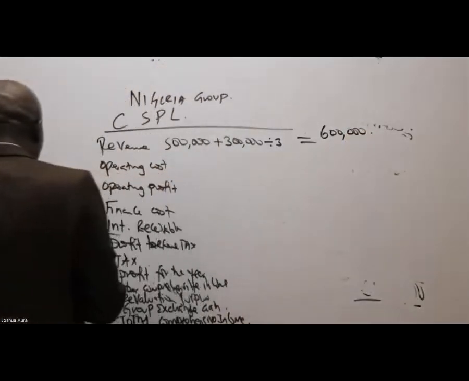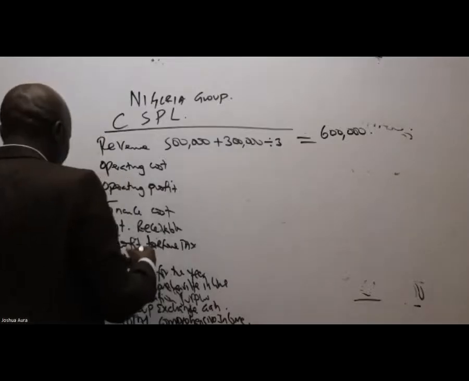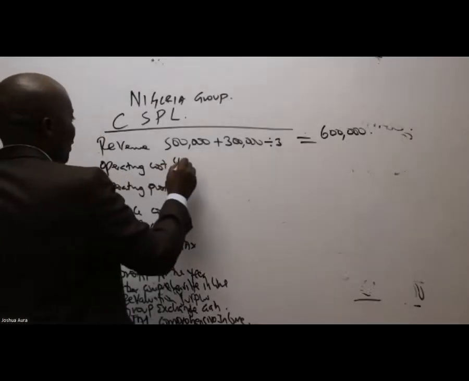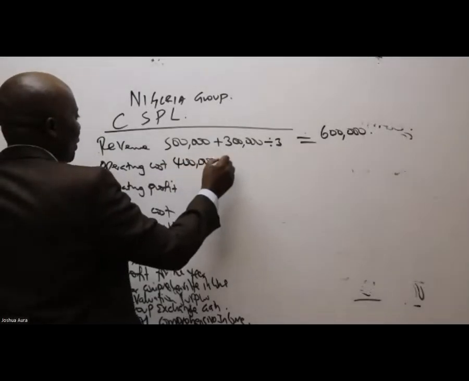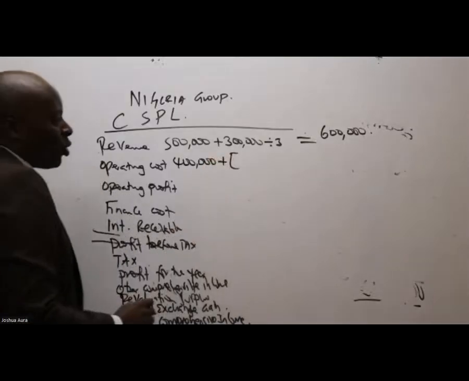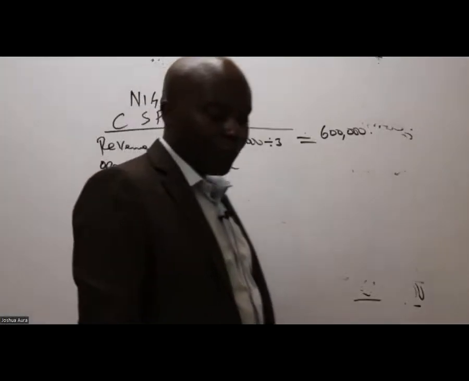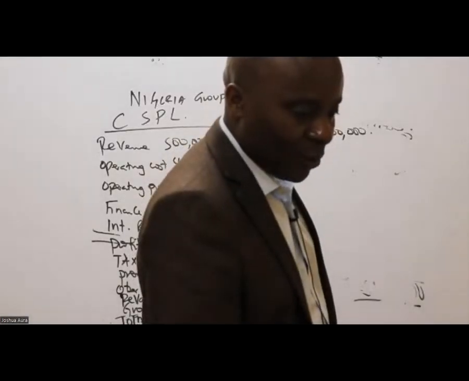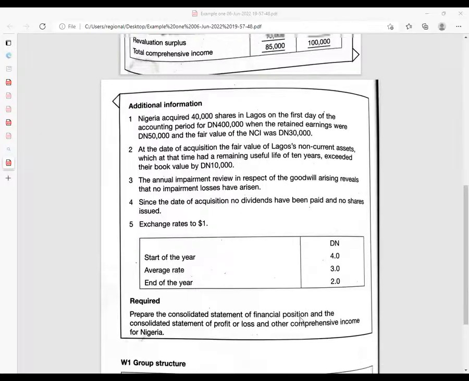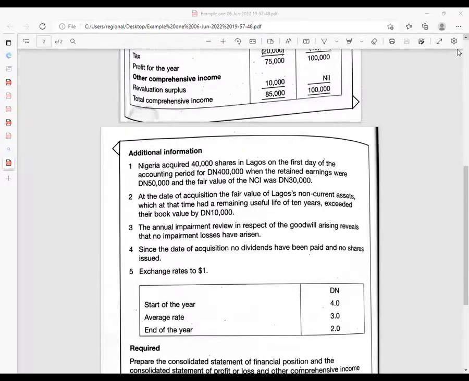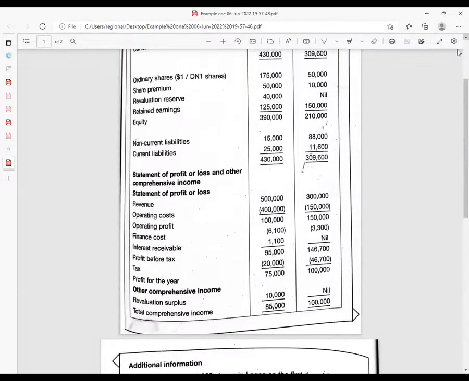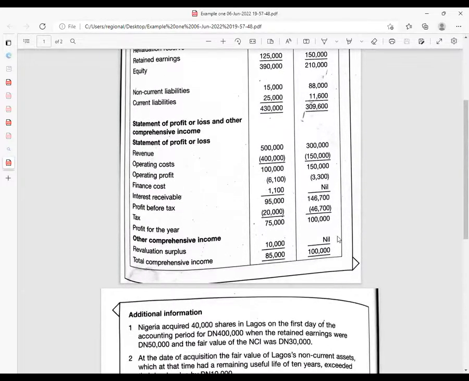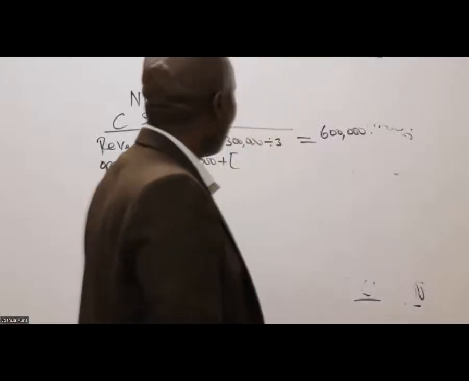And then we have, ladies and gentlemen, operating cost. Operating cost, I will take 400,000 plus operating cost of the subsidiary. Wamekupatia hapa, operating cost of the subsidiary, you can see it's 150,000 DNs.